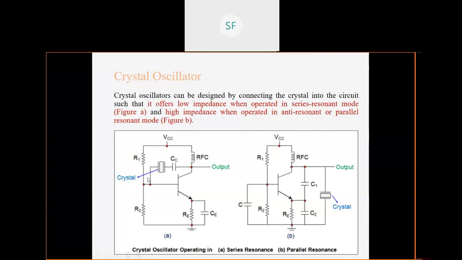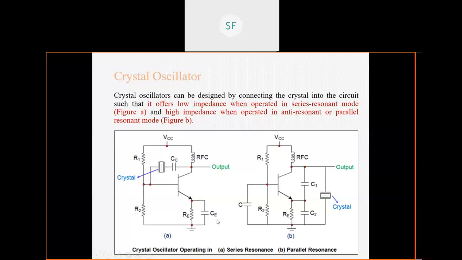Circuit description is nothing but you have to just describe what you are observing here. Like there is a potential divider network between R1 and R2, right? The crystal is connected between the collector terminal of your transistor and the base terminal. Cc stands for coupling capacitor.